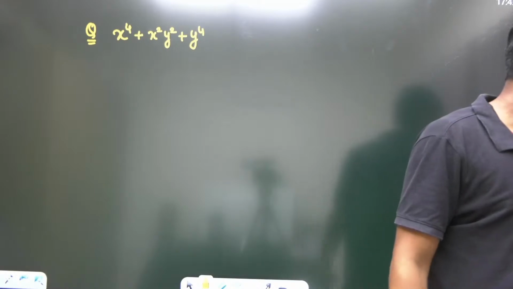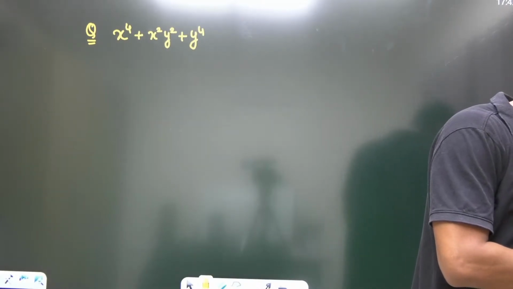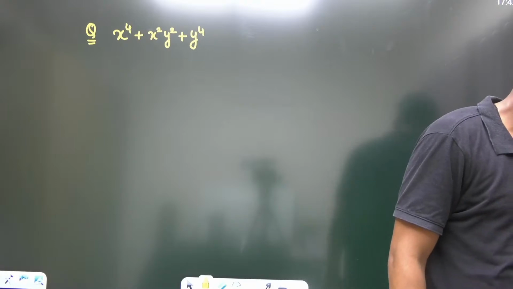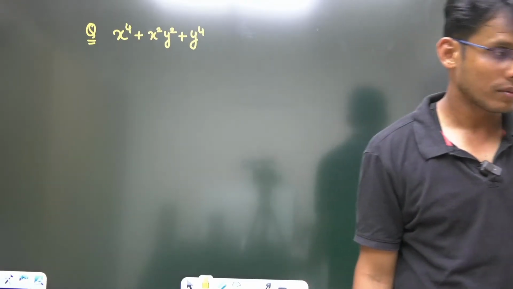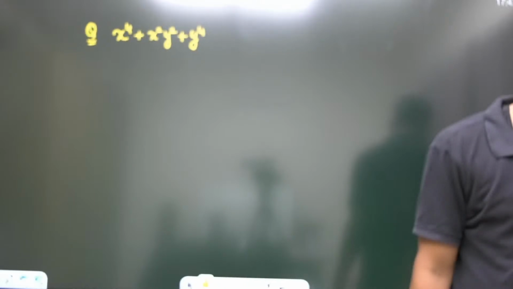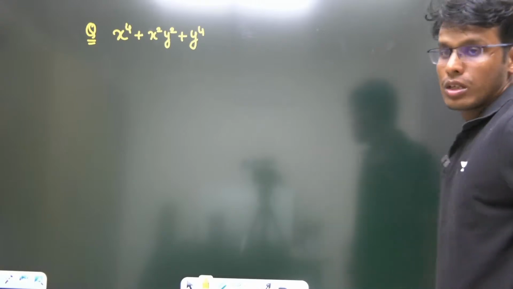It is not directly Sophie Germain, but it has something to do with it. What do you get? x by y equal to t.